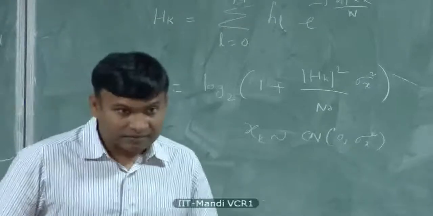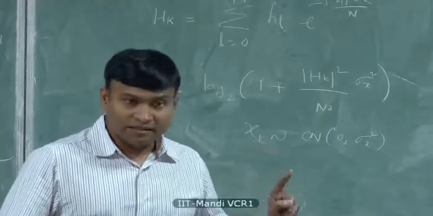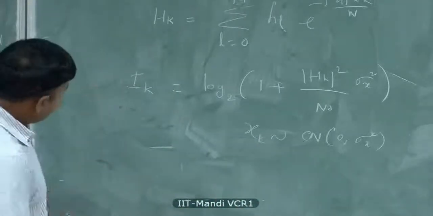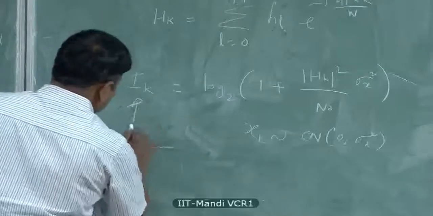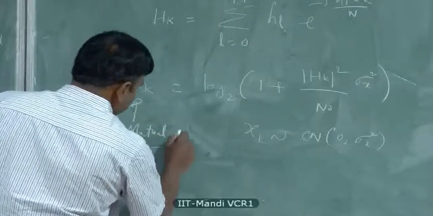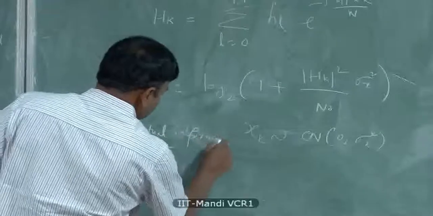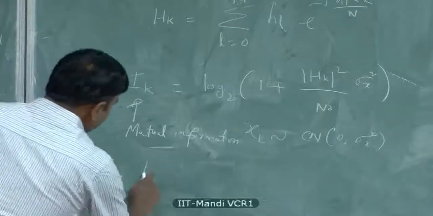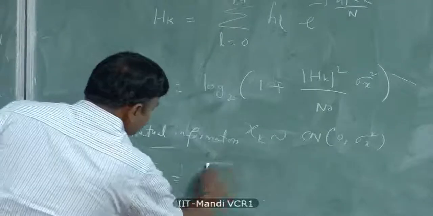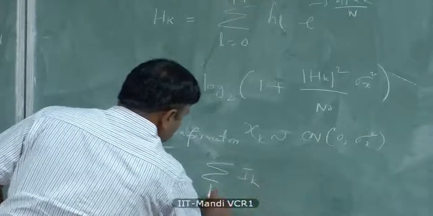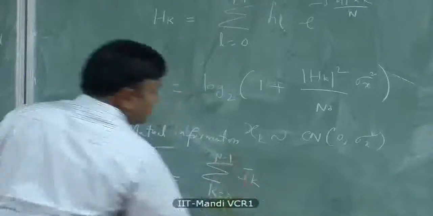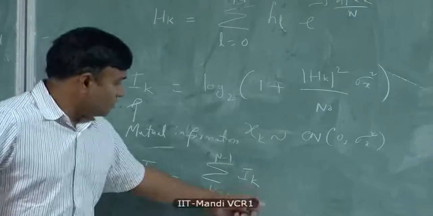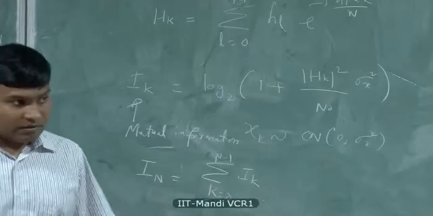This is for a single subcarrier. You can also write the total mutual information. The total mutual information for all N subcarriers is equal to the sum of mutual informations of different subcarriers.